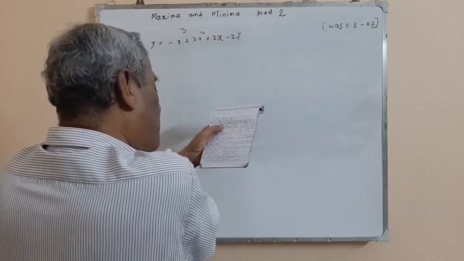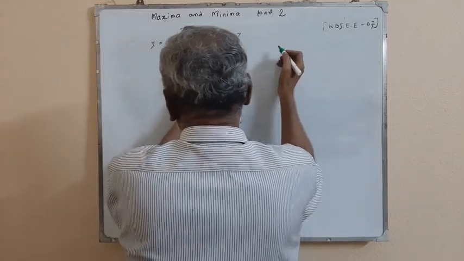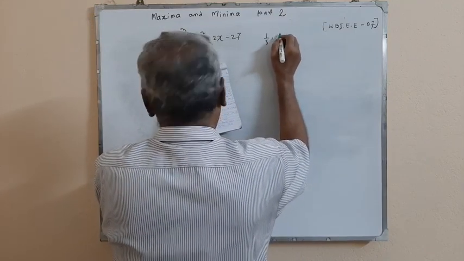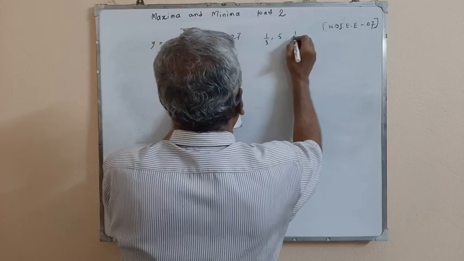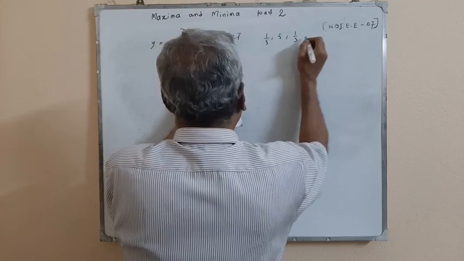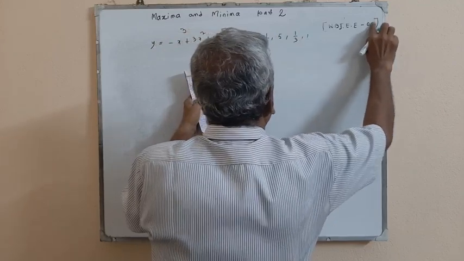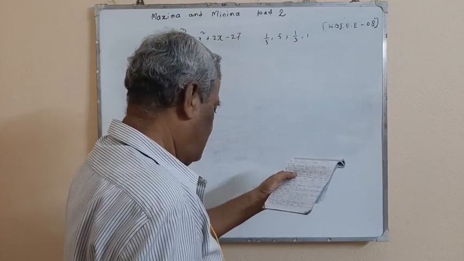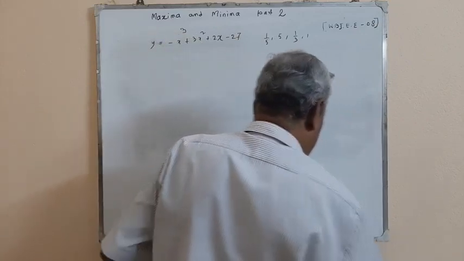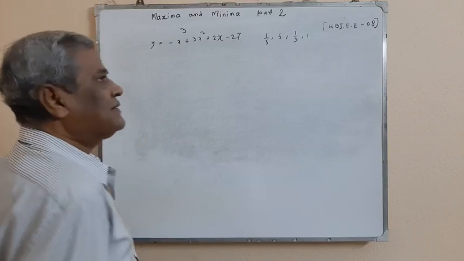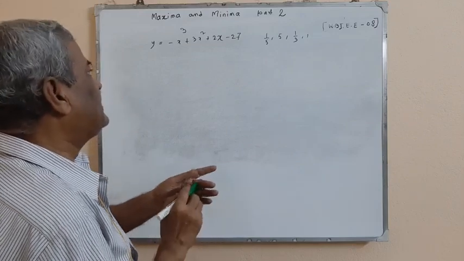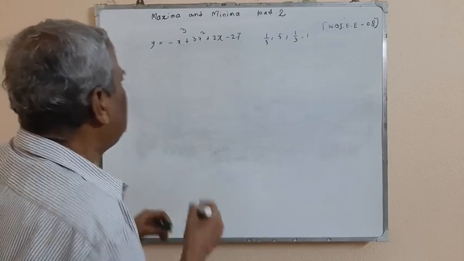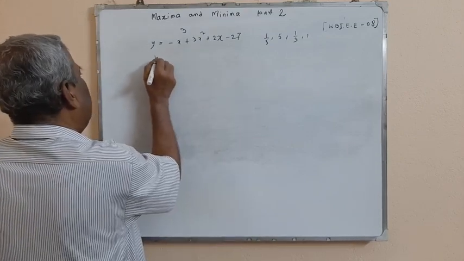Maximum slope of the function, and options are 1 by 5, 5, 1 by 3 and 1. That problem was given in the year. In this case, we have to find maximum slope of that, not maximum value of that. So slope of this function is nothing but dy dx.